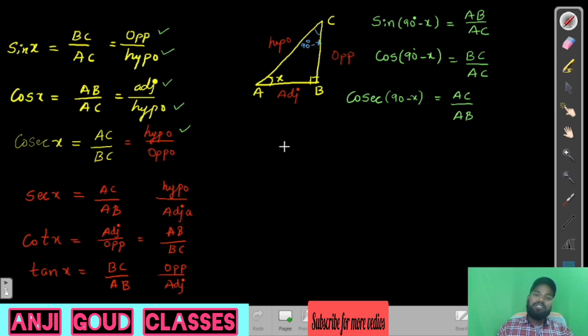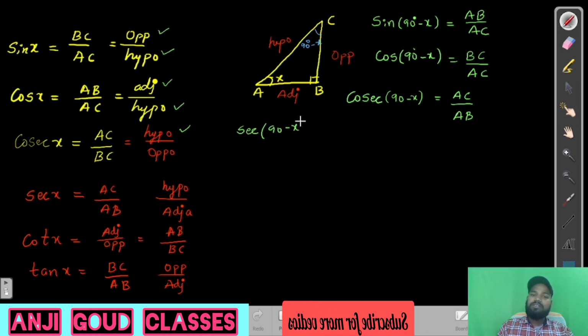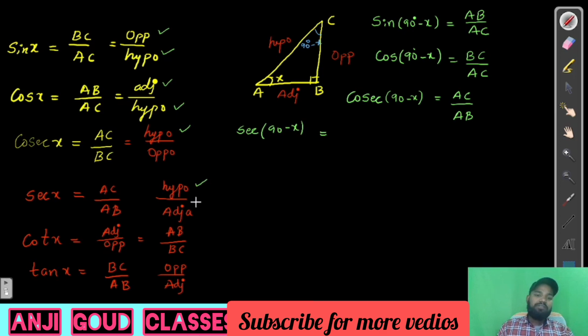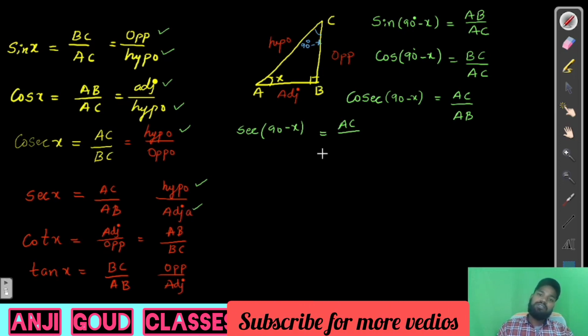Next one, sec of 90 minus x. The sec formula is hypotenuse by adjacent. Hypotenuse is AC, and adjacent is BC.